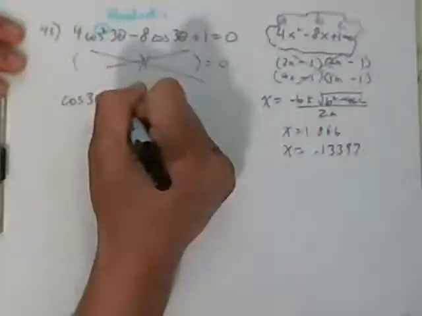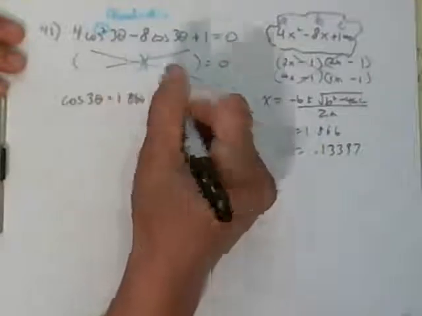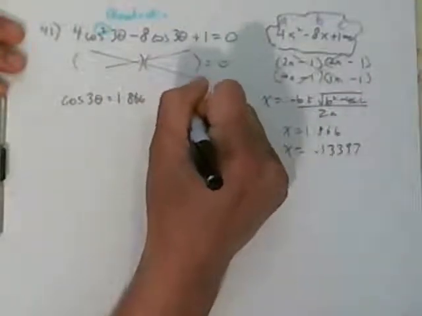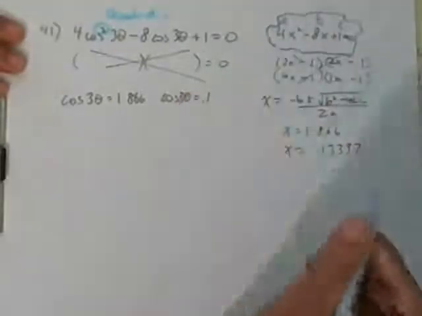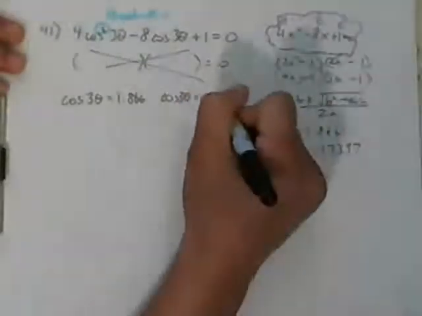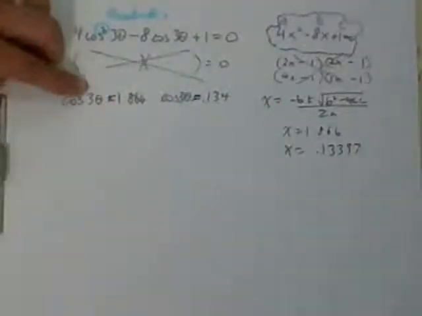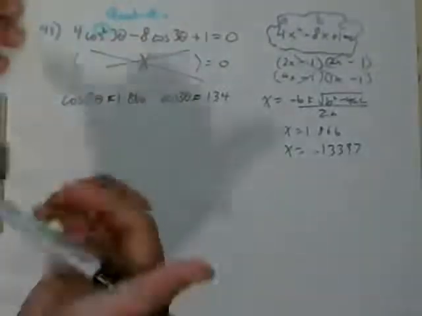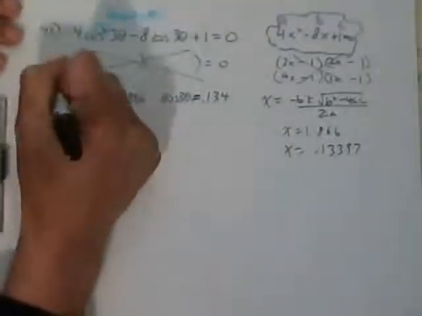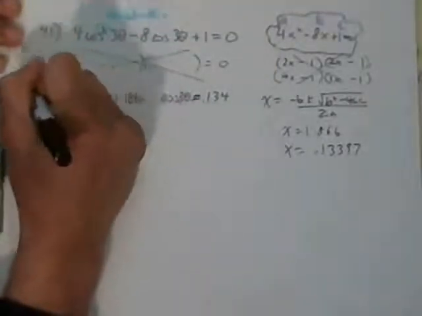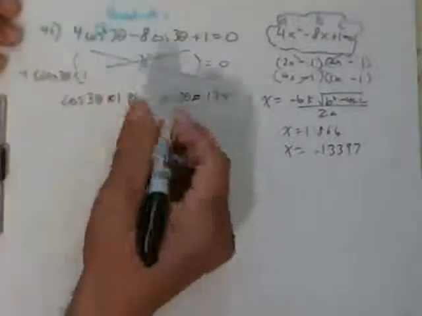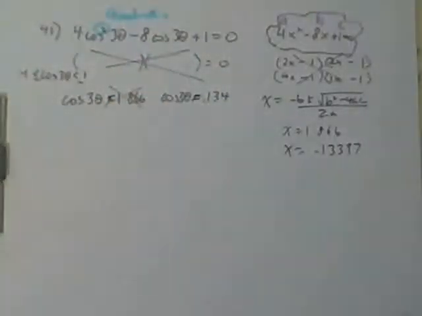So the cosine of 3 theta is equal to 1.866, or the cosine of 3 theta is equal to 0.134, approximately. The cosine of 3 theta has to be between -1 and 1 inclusive. It cannot be greater than 1, so we got rid of that one.